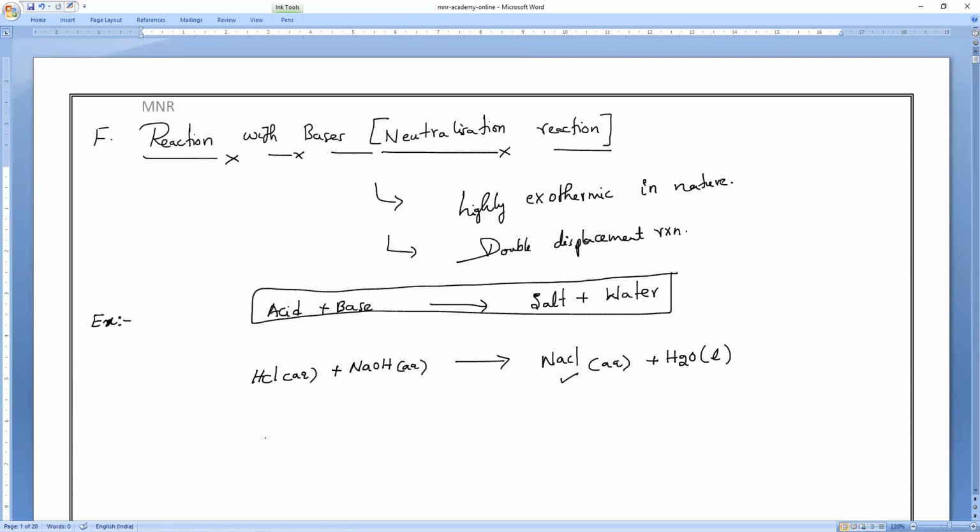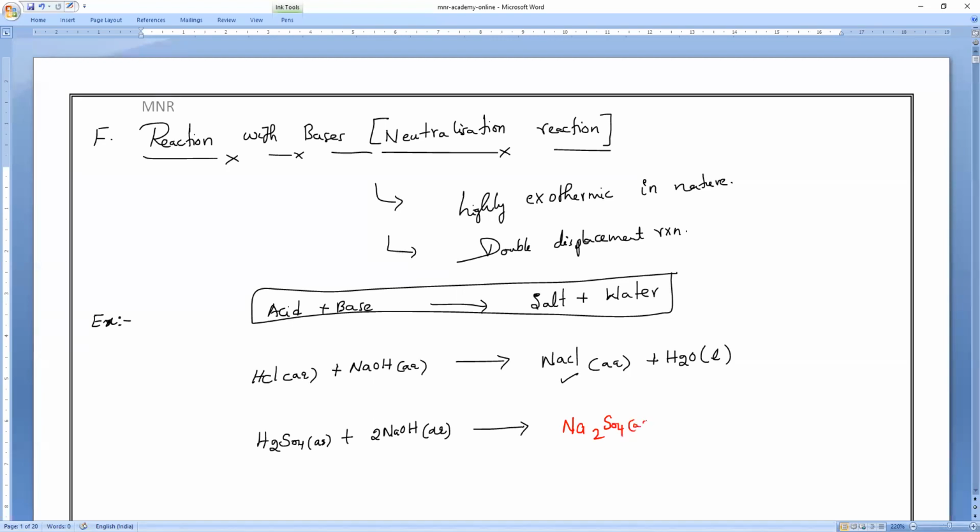Or else, similarly, for example, if I take sulfuric acid, what is the formula of sulfuric acid, everybody? H2SO4. H2SO4 reacting with sodium hydroxide, that is NaOH. What products will come, everybody? Sodium sulfate. Yes, sodium sulfate. What is the formula of sodium sulfate, everybody?